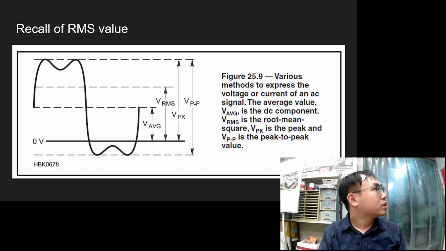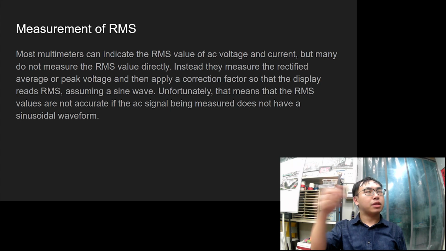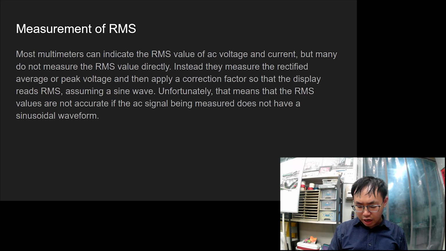Let me talk about something different. The RMS value is peak divided by √2 because we make use of a sine wave and calculate the root mean square of every value. It comes from the definition of integration.